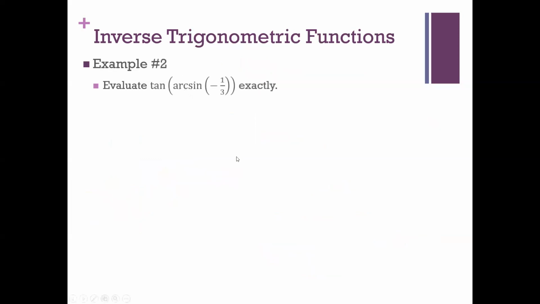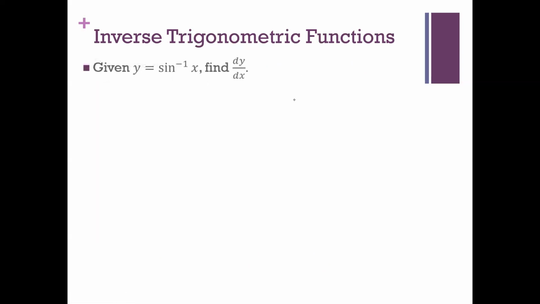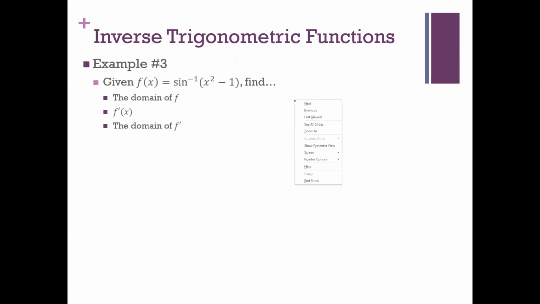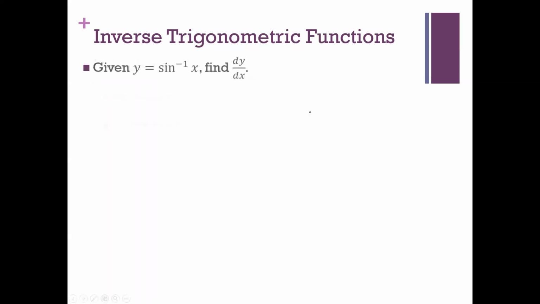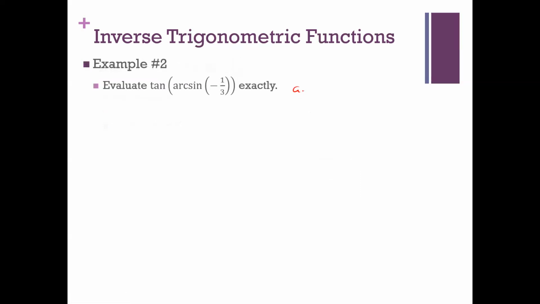All right, how about this thing? What about the tangent of arc sine? By the way, is that a notation we've seen before, arc sine instead of inverse sine? Arc sine of x is equal to the inverse sine of x.